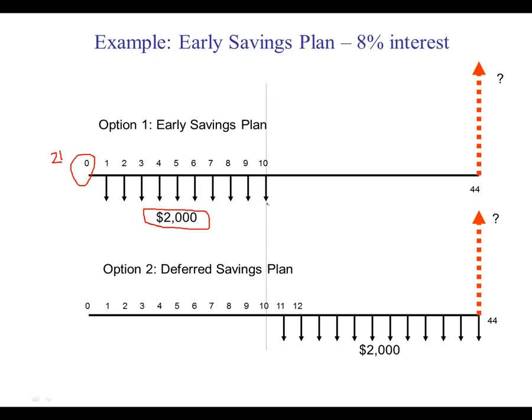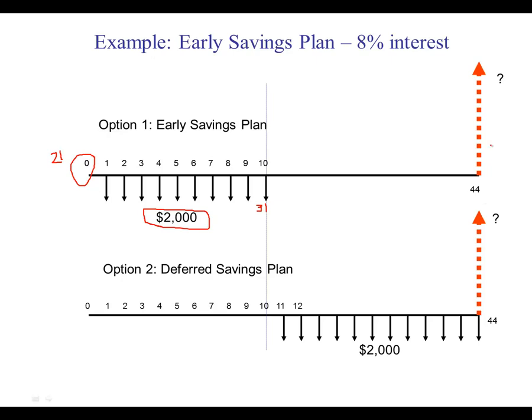After 10 years, that means when you are at the age of 31, you stopped making the payment. And from 31 all the way, after 44 periods, 44 plus 21, your age here is 65. And that's when you retire.